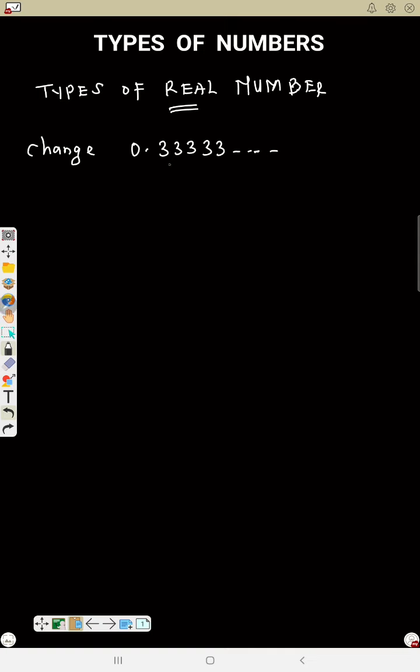So far it is a repeating decimal, so it is a rational number, but how can we change it to a fraction? First, let x be equal to 0.3333, continuing. Then multiply both sides by 10.